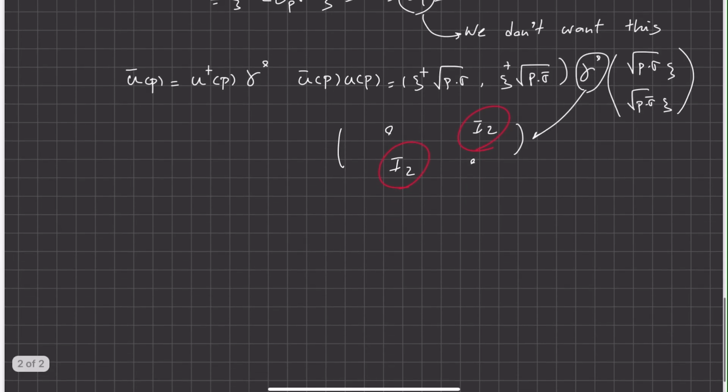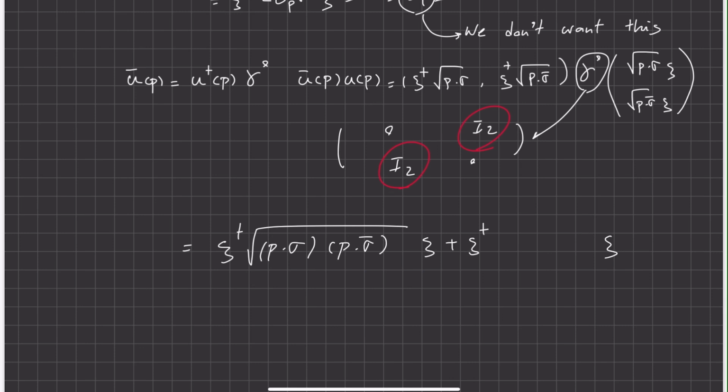So the final result would be psi dagger square root of p dot sigma bar psi plus psi dagger psi square root of p dot sigma bar p dot sigma.